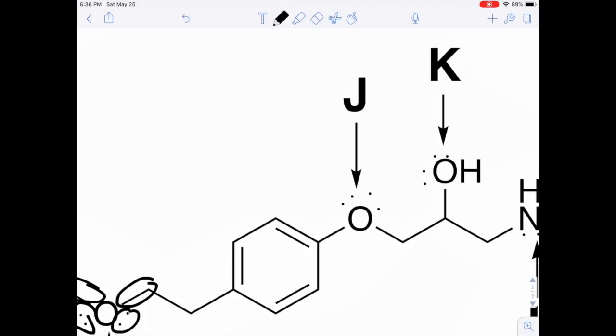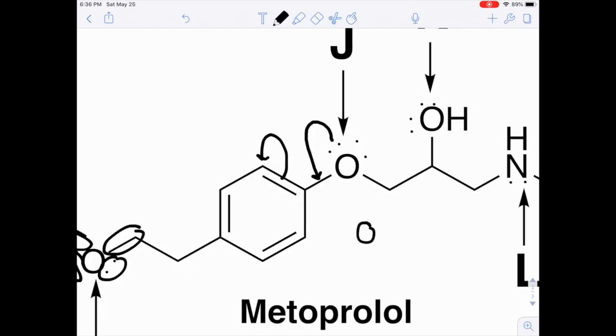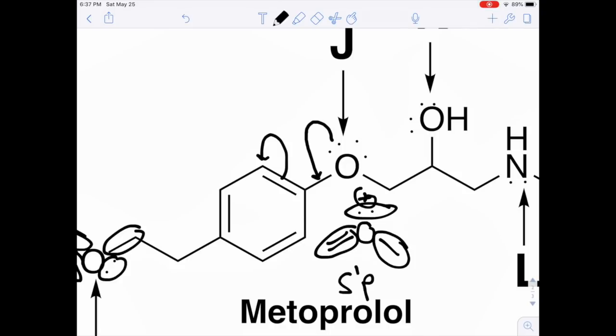One of these lone pairs can actually resonate into this benzene molecule and force these electrons up. If I write a quick version of that, it's going to look something like this after it resonates. Now let's count the electron density areas after we resonated with the benzene. That's one lone pair, one pi bond, and one single bond. So that's 3 total areas, or S1P2. Okay, so that's an sp2 center.